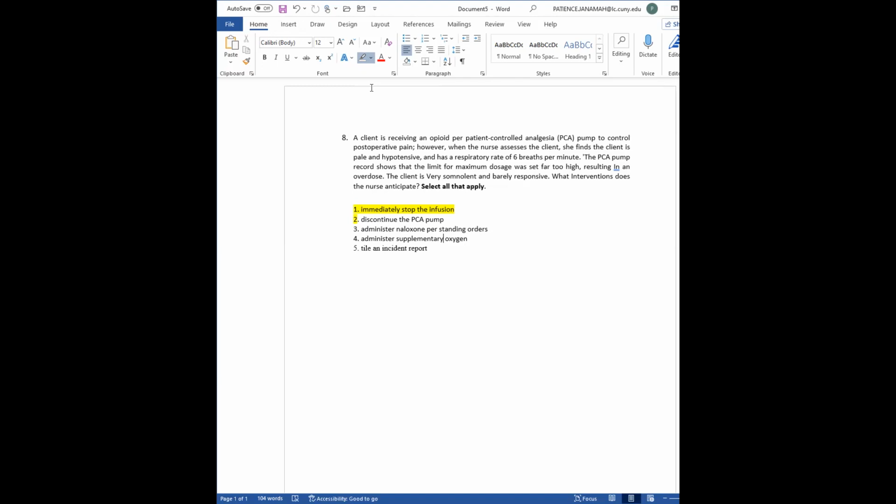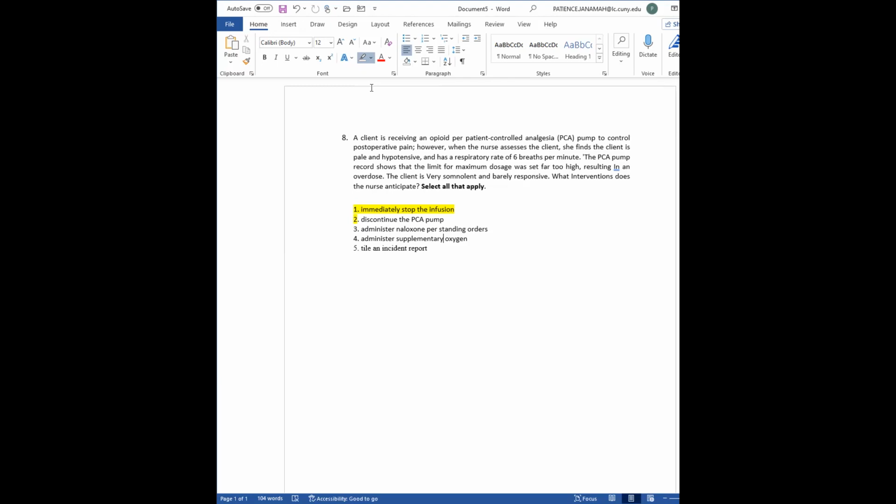When it comes to discontinuing the pump, it has to be an order that has to be DC'd in the computer. The doctor will say, okay, let's discontinue the patient control analgesia pump. Then you will now go and take it out from the patient. But you are not the one that ordered the discontinuation. You are only carrying out the order.